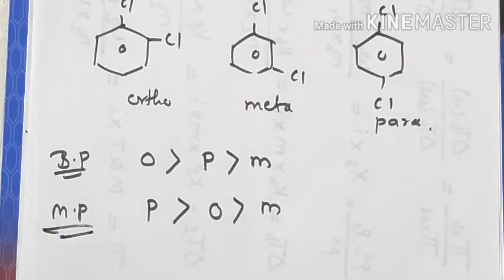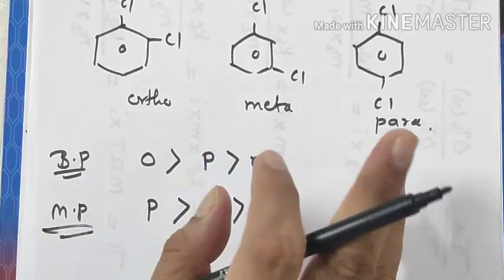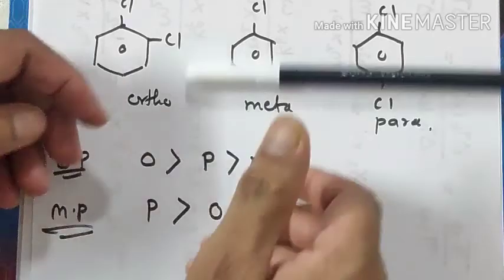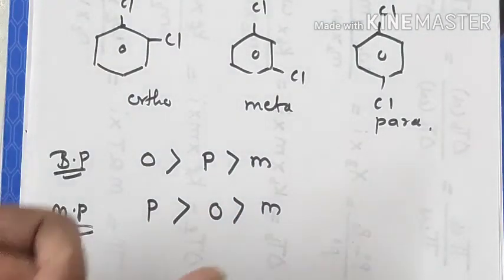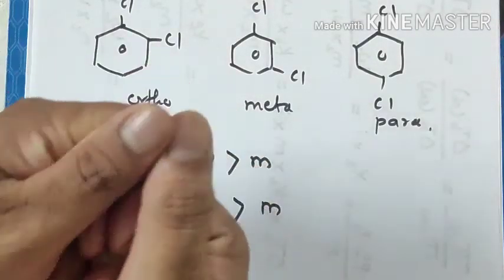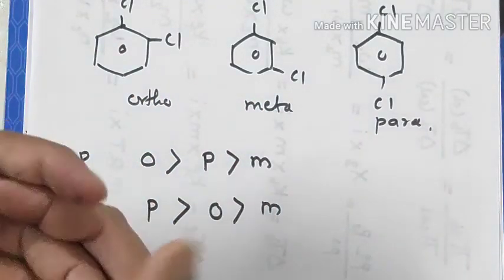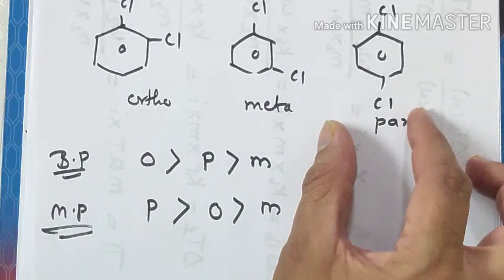Now if you think about melting point, see, if a bond formed is stronger, suppose I have a solid and the crystal lattice which is present is stronger, right? So then more amount of energy is required to break this. Okay, here this is symmetrical.